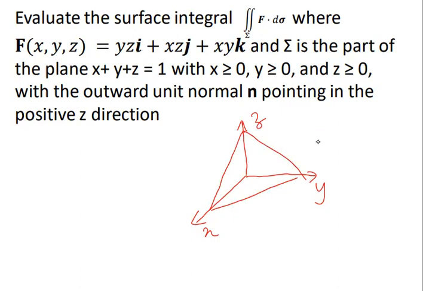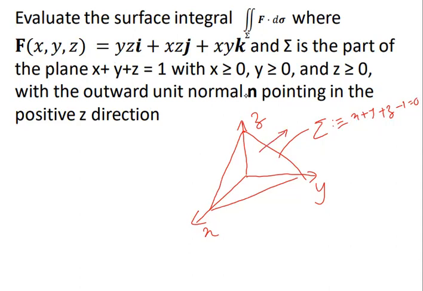This is the plane of sigma, x plus y plus z minus 1 equals 0. So this is your sigma plane, and n is the outward unit normal.